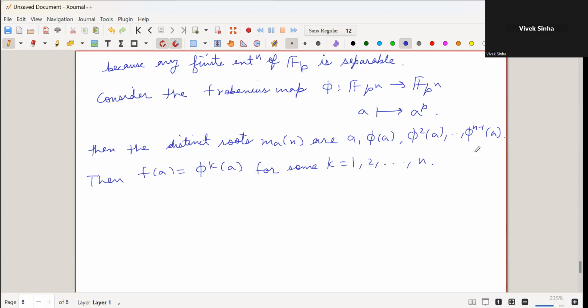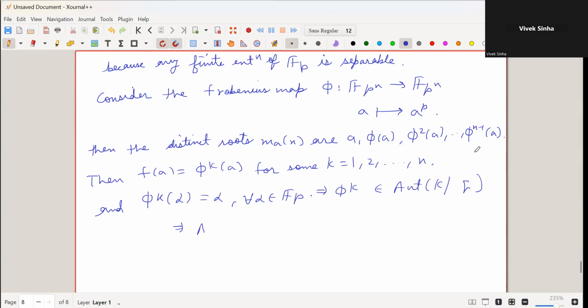So this is how f(a) is being determined, and in addition to that, phi^k(alpha) is alpha for all alpha belonging to F_p. This implies phi^k is inside Aut(K over F_p), and any f is also determined in terms of phi^k.